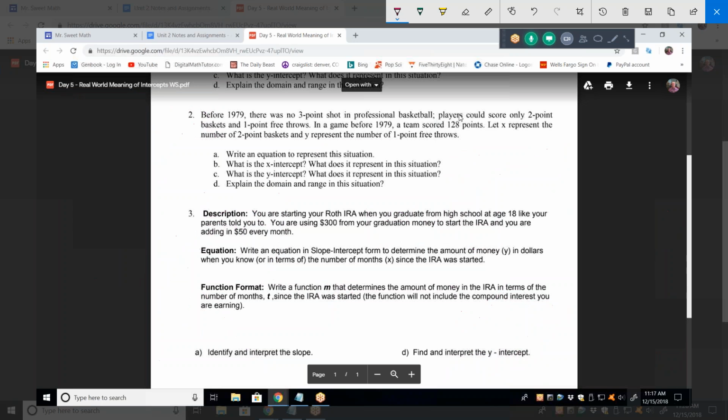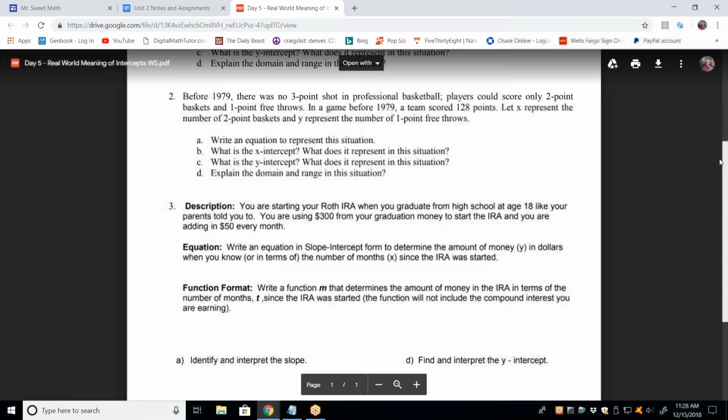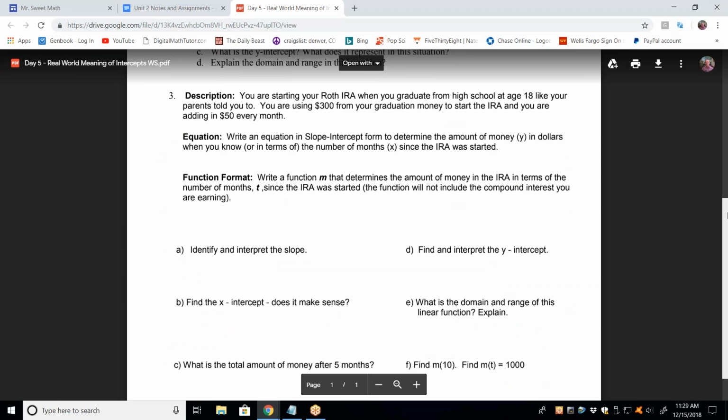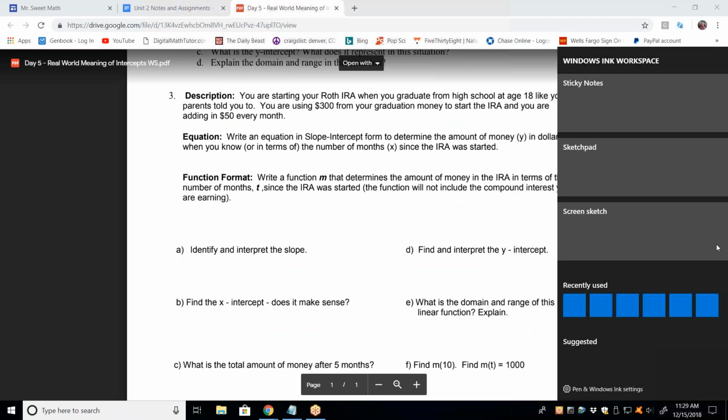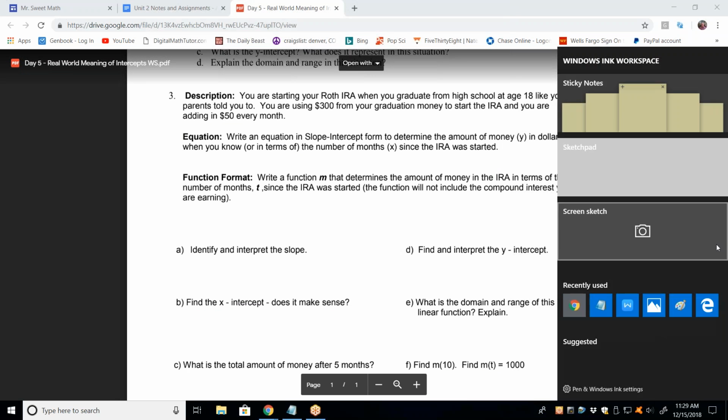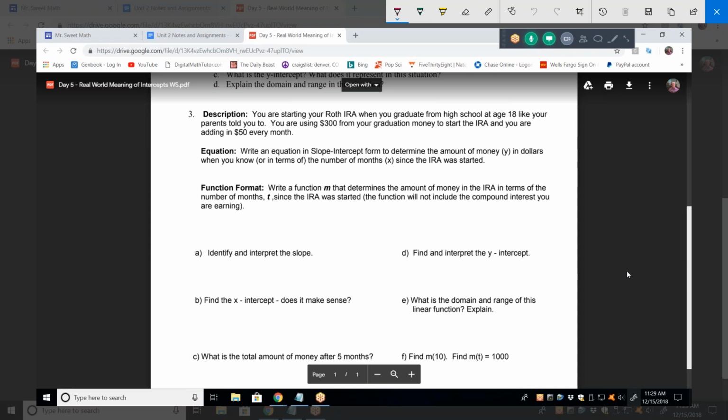All right. Let me scroll down here and let's have a look at number 3. So you're investing money. That's what it means when you're starting a Roth IRA account.